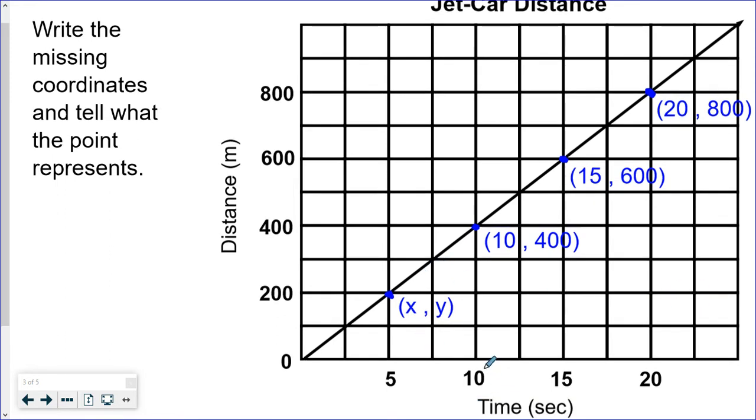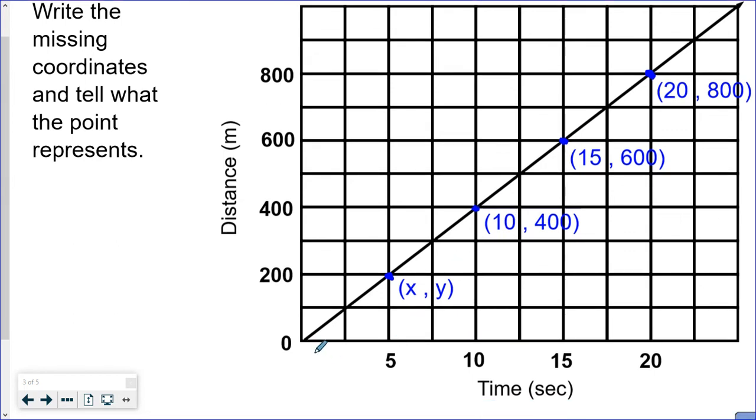So if I look at this first number here, this is a 10. So the x coordinate is 10 and the y coordinate is 400. This point right here would mean that in 10 seconds, the jet car will travel 400 meters. This point right here, this is 15, 600. This means the time is 15 seconds and the distance is 600 meters.